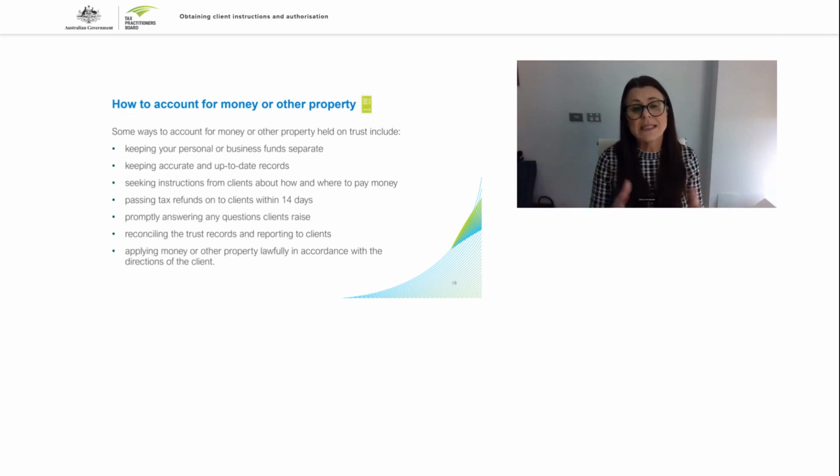Maintaining up-to-date policies and procedures of the practice in relation to the handling of client monies or other property. And applying money or other property lawfully in accordance with the directions of the client when advising the client, and then advising the client what has been done and when.